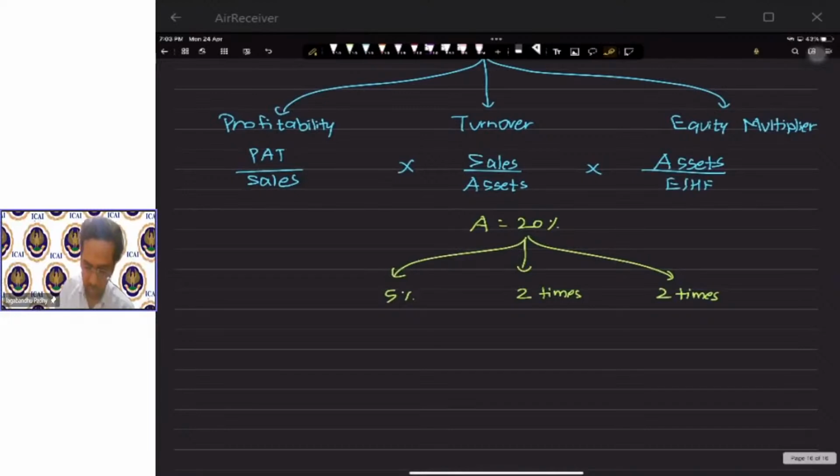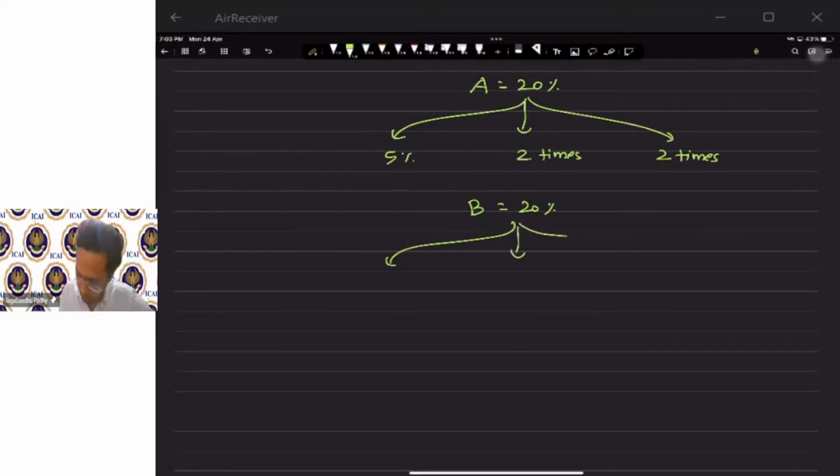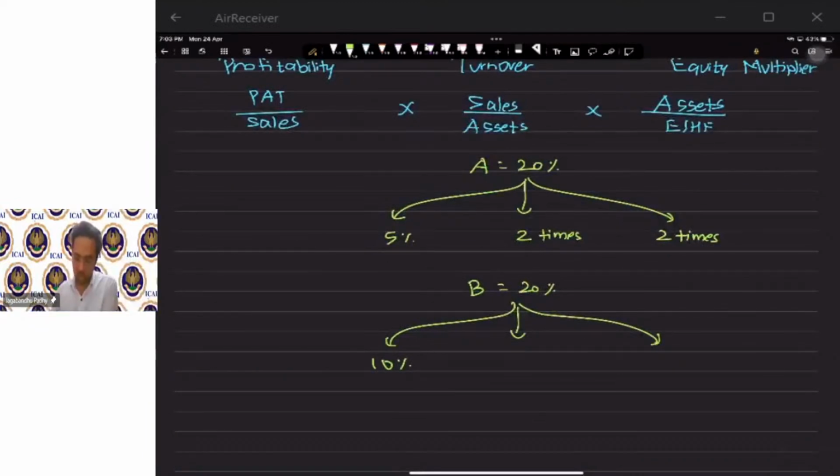And then you have another company B with the same return on equity of 20%, but the company is having a profitability of 10%, turnover of, let's say, 1.5 times, and an equity multiplier of, let's say, 1.33 times.